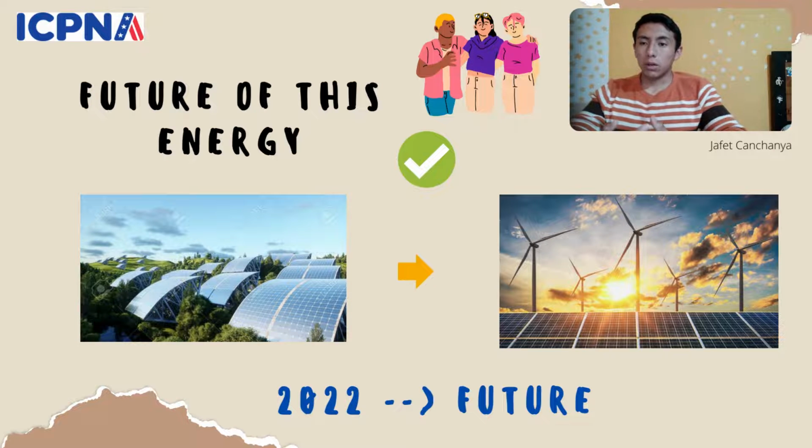Now we are going to talk about the future of this energy. Well, first, the National Renewable Energy Laboratory projects solar energy could provide 45% of the electricity in the United States by 2050. Well, I really hope that in the coming years, technology improvements will ensure that solar becomes even cheaper.